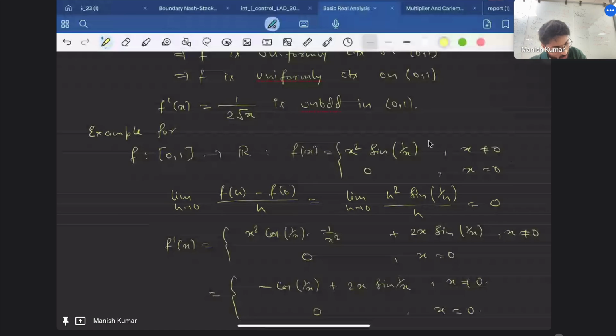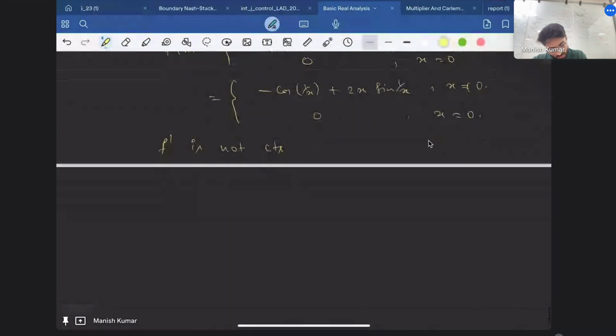But we want a differentiable function which is on a compact domain and which is unbounded. Okay, so let's look for a function which is on a compact set. Then I think it can be true.